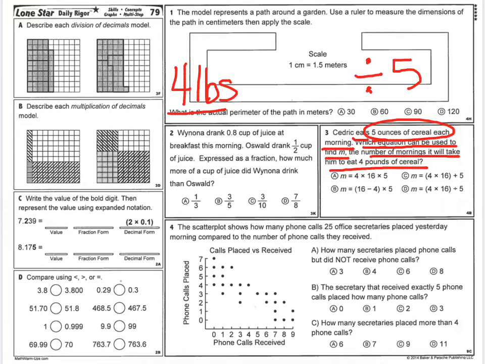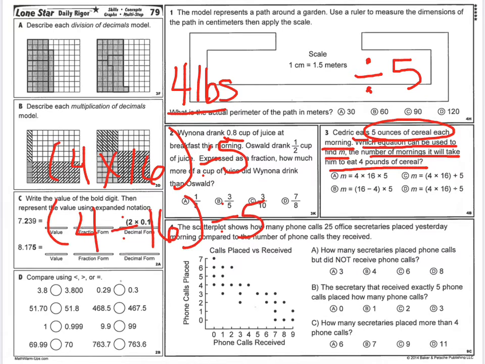So we're either going to say 4 times 16 divided by 5, or 4 divided by 16 divided by 5. Okay, so we're going from a big to a small, or a small to a big. You decide.